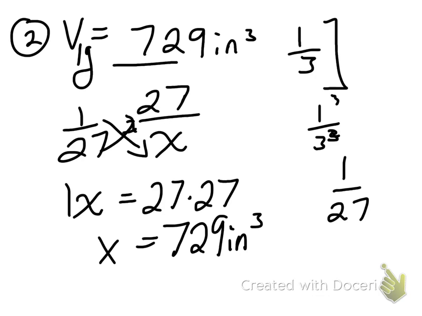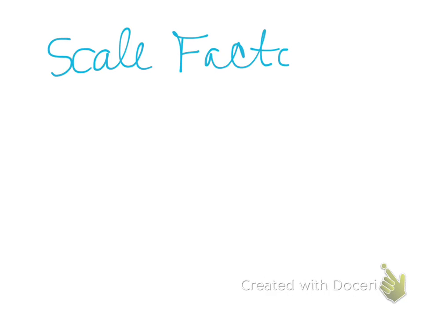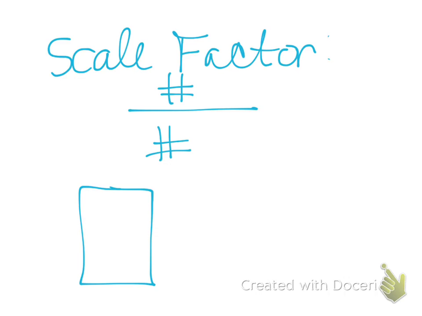All right. So that's it for today's lesson. So we're using that scale factor, whether or not things are similar, in order to find the dimensions of an unknown side or to find surface area and volume of unknown sides. So every time you're just finding the scale factor. The major point of this lesson is that your scale factor is that ratio, right, number over number, of the corresponding sides or a corresponding length.